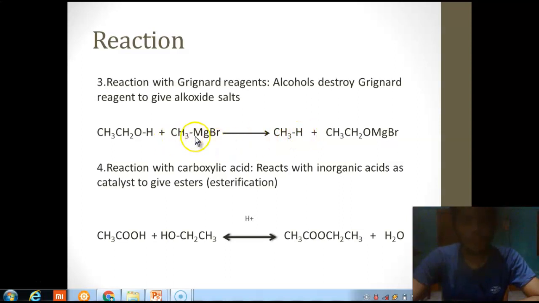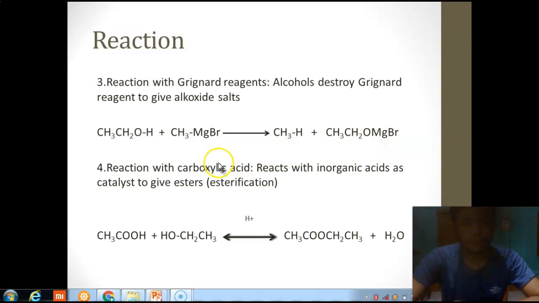See this reaction: CH3MgBr, where CH3 is the alkyl group R, MgBr is with X, the halide group. When it reacts with alcohol, it will give a simple alkane, as CH3 and H combine to form methane, and ultimately CH3CH2OMgBr, the alkoxide salt.